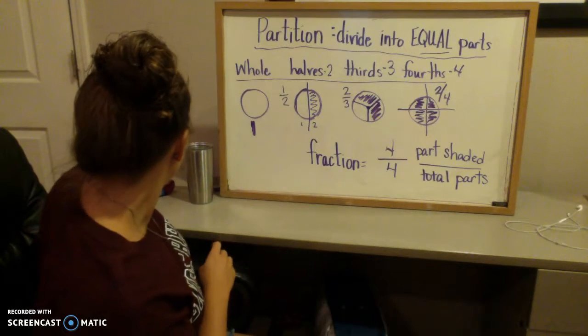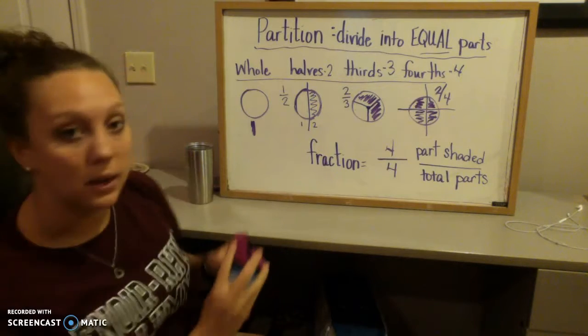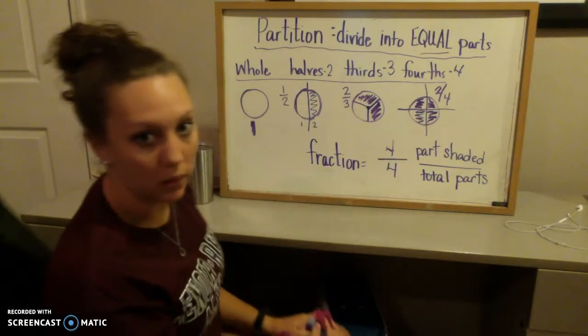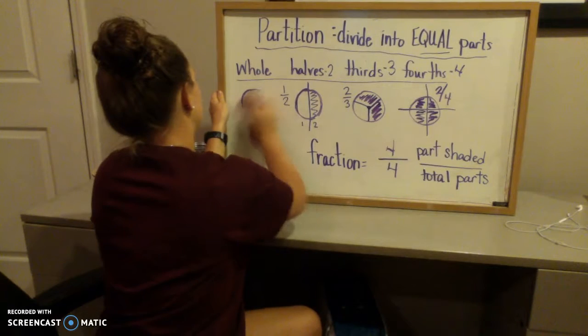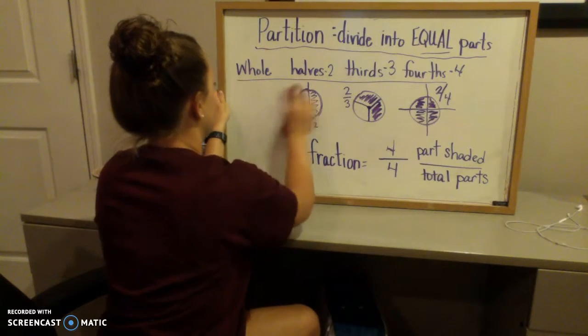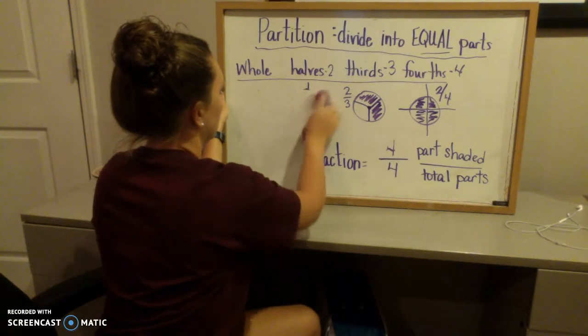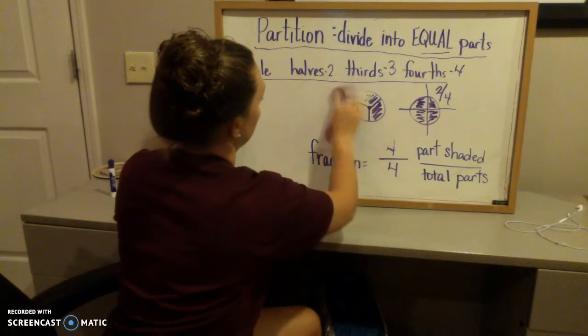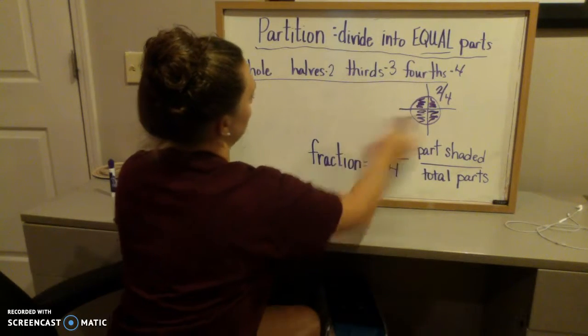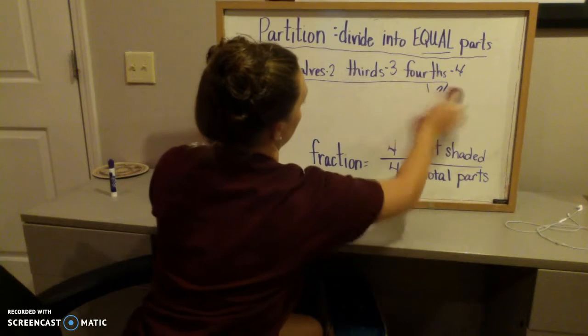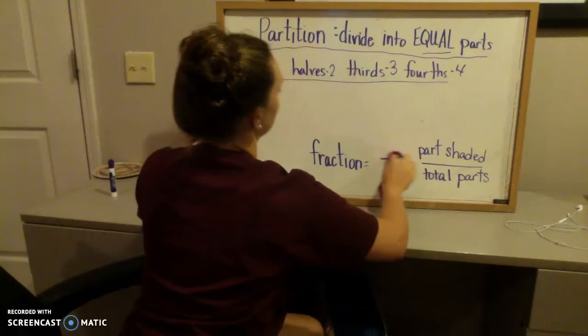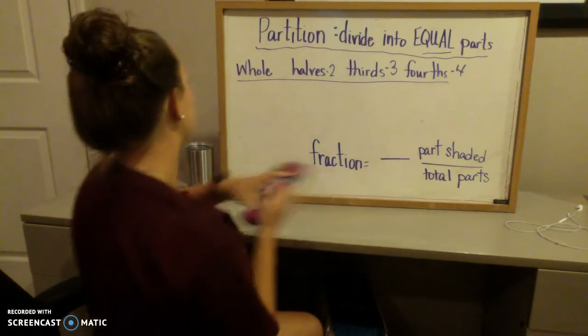Now I'm going to do a rectangle, which is very similar to a square. So I'm not going to do the square and the rectangle, because if you can do the rectangle, you can do the square.